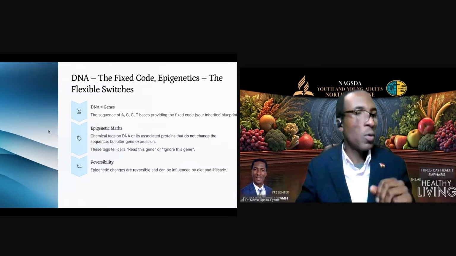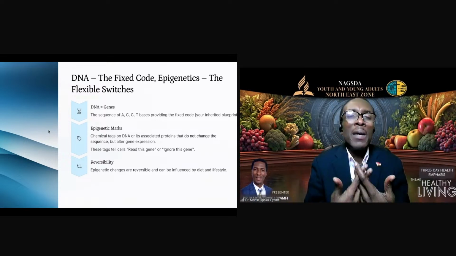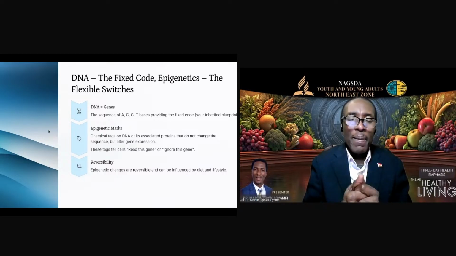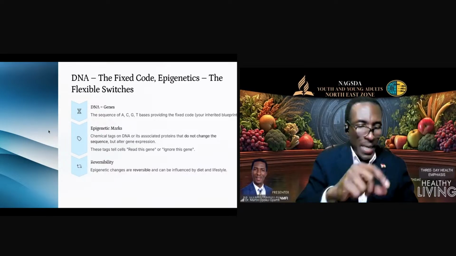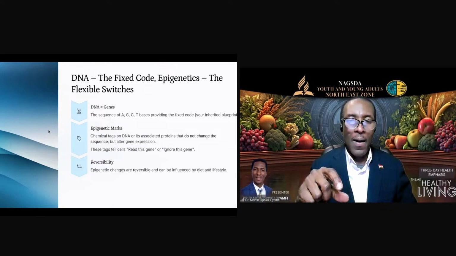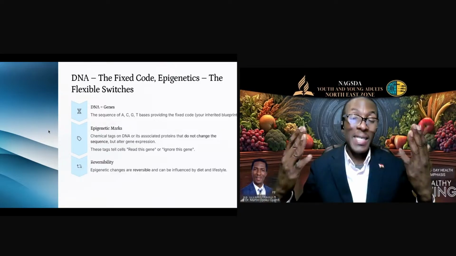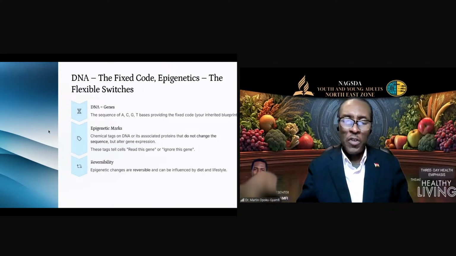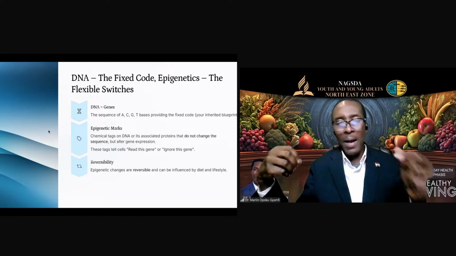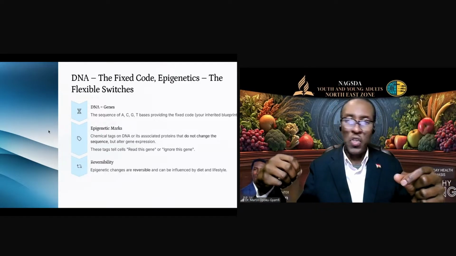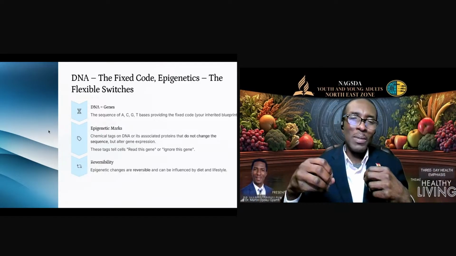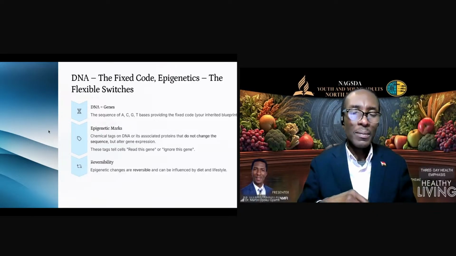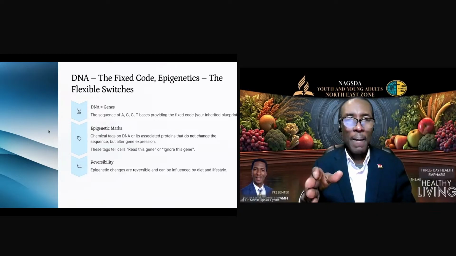So for example, if I give you a recipe for how to bake bread, the recipe will say, get 1 cup of flour. This is just an example, right? 1 cup of flour, a tablespoon of sugar, 1 tablespoon of olive oil, half a teaspoon of salt, add this, add that. Those are the instructions.